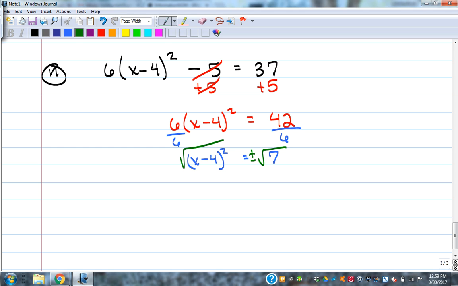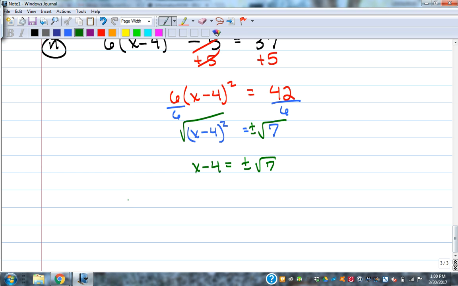So we're going to leave it in the square root. So that's x minus 4 equals plus or minus the square root of 7. Split it into the two equations. We'll add 4.